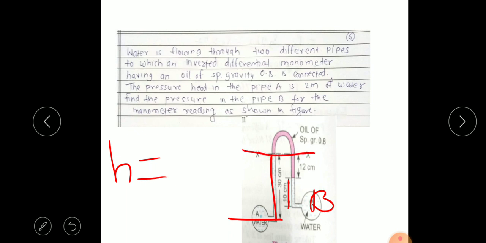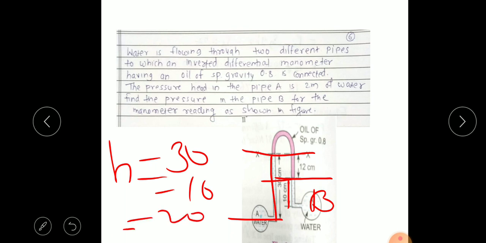So the difference is 30 minus 10, which will be 20 centimeter.